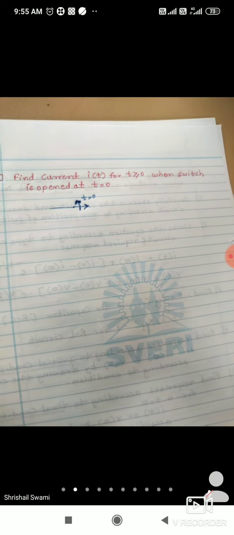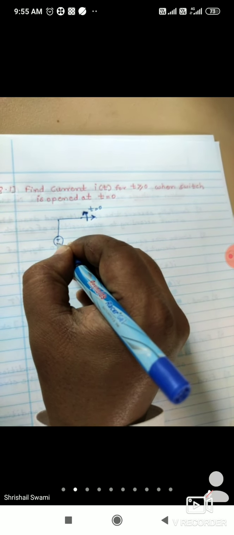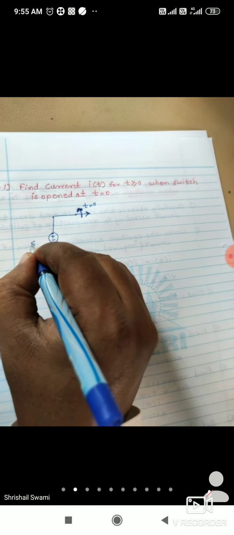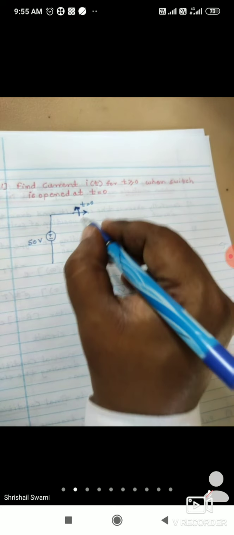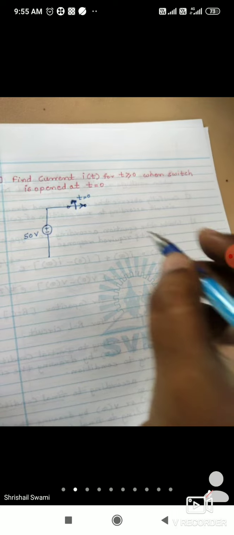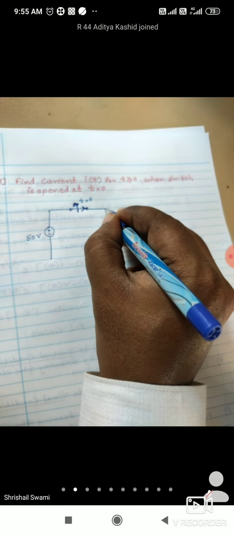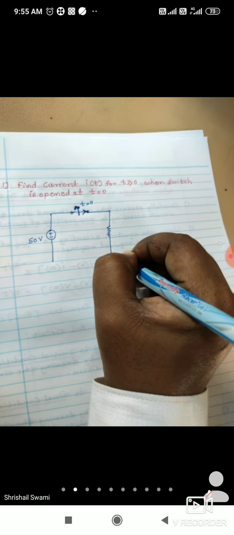Many times such types of questions will be asked, but we have a habit that the switch is closed at t equal to 0. Sometimes they will ask that the switch is opened at t equal to 0. So don't confuse between these two different points. Carefully read the question and carefully observe the diagram, and then you can start to solve.